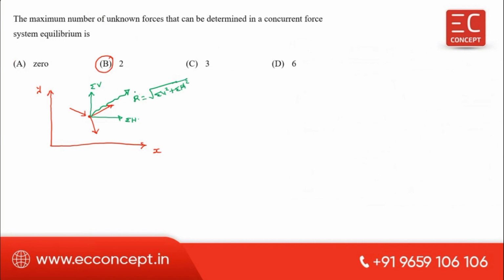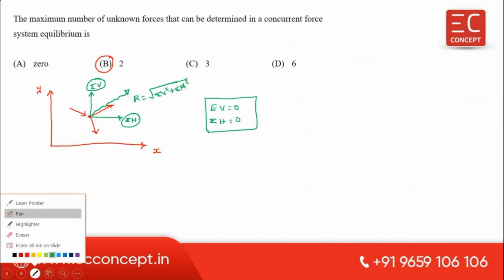Now, how many equations are required? Only two: sigma h is equal to 0, sigma v is equal to 0. So the equations required to equilibrate this particle are sigma v equal to 0 and sigma h equal to 0. So the answer is 2.